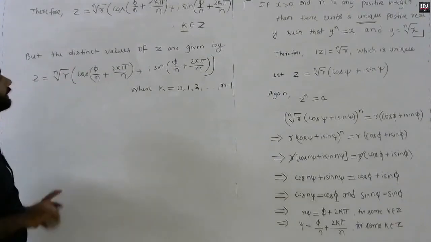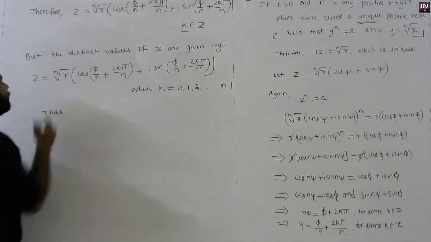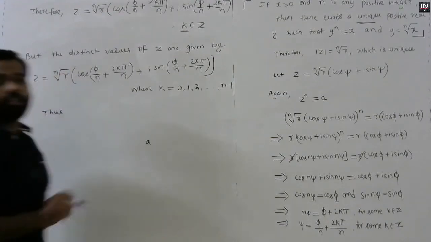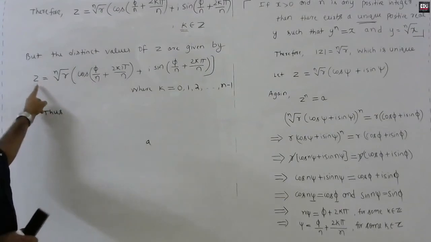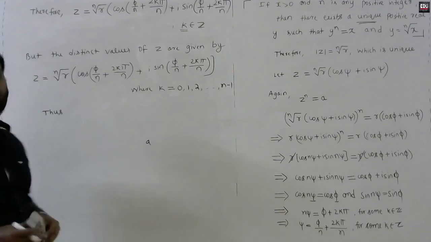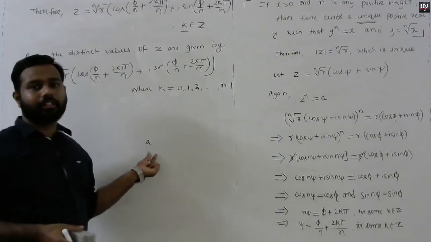Thus you can observe that for any given non-zero complex number a, we got n distinct values of z whose nth power is a, and those n values are called the nth roots of a.